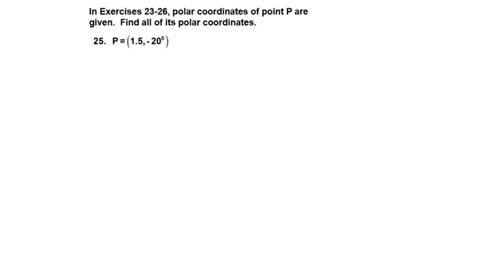Problem number 25. We have the same situation. The polar coordinates this time are 1.5, so radius, and negative 20 degrees. And so just kind of lining out where we are. We have a coordinate plane here.